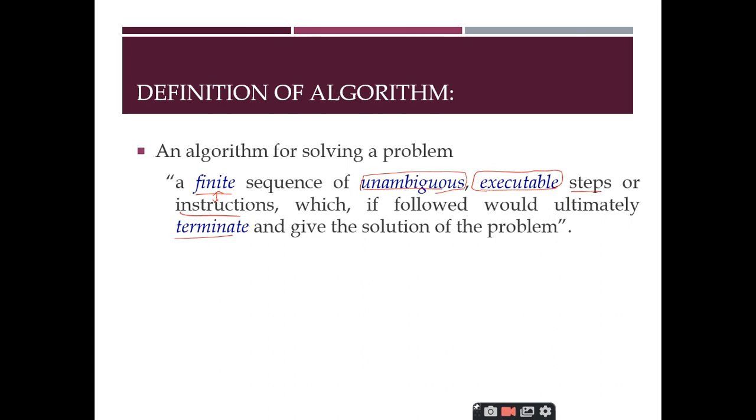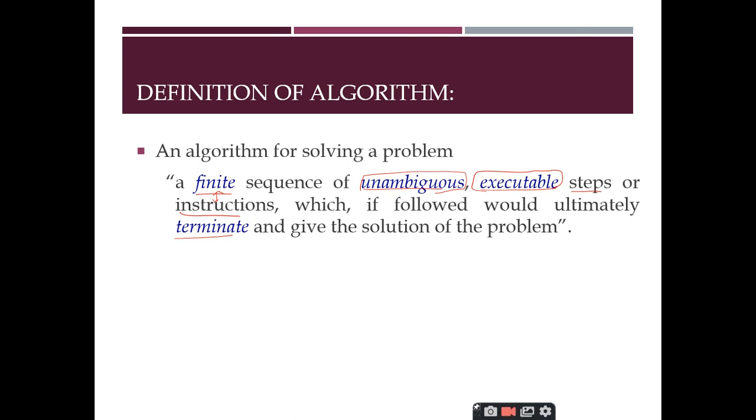Ambiguity means there exists a confusion. That means you cannot take a right decision. You cannot say that this is going to happen or that is going to happen. Ambiguity means there is confusion about where things will end up.